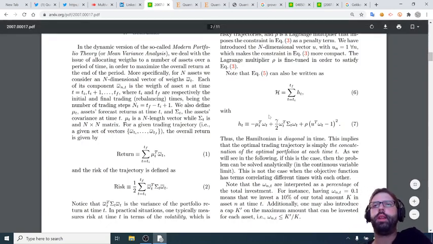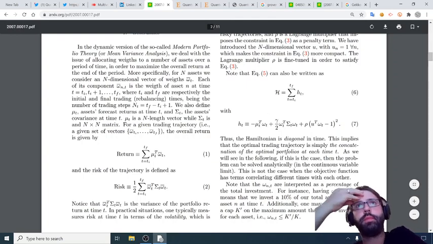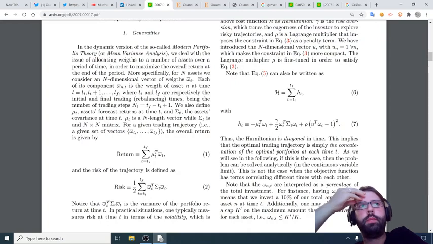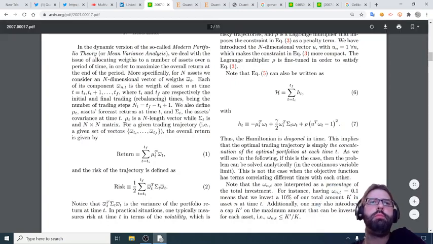So let's take a look at this for a second. Mu sub t is an n length vector. Sorry, mu sub t is the assets' forecast returns at time t.